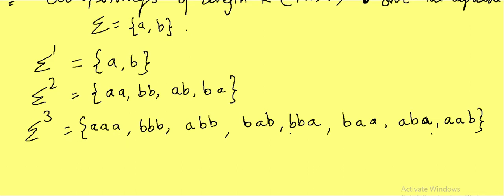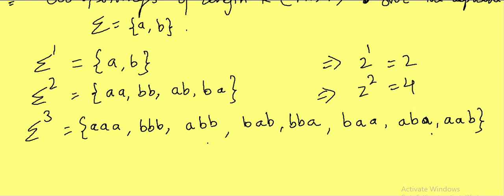Here you can note down one thing: this is of length 1, and because there are two symbols, it will be 2. Then two symbols again with length 2 will generate 4 combinations.